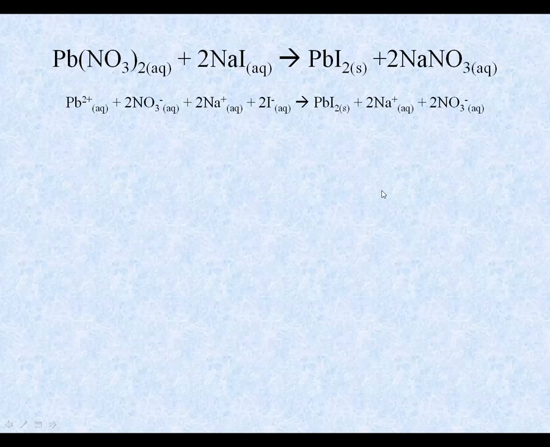So scheduled for next week was the flame test on Monday, and then on Wednesday was the next experiment, the lead iodide precipitation experiment. So what you're going to do is basically move all your experiments back one day.